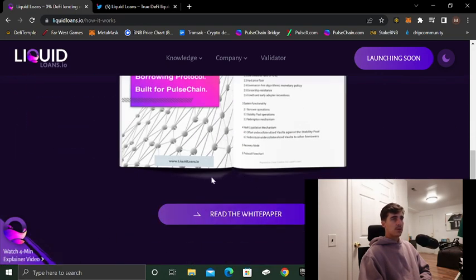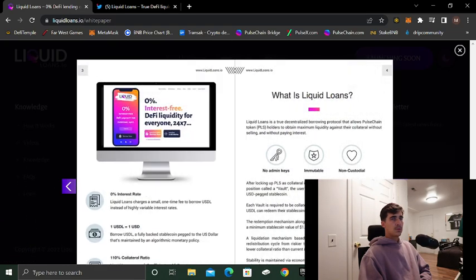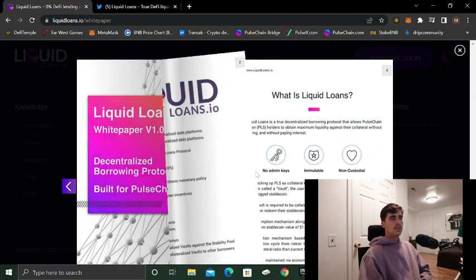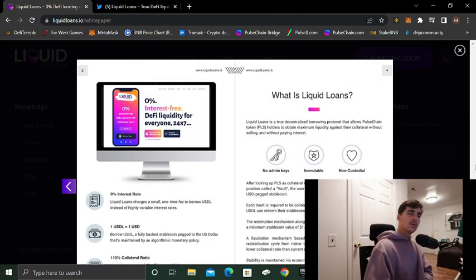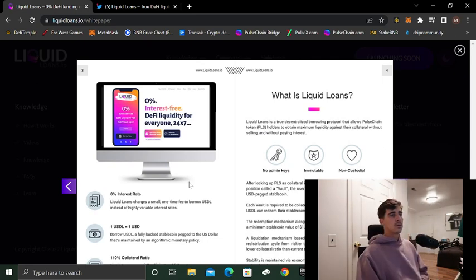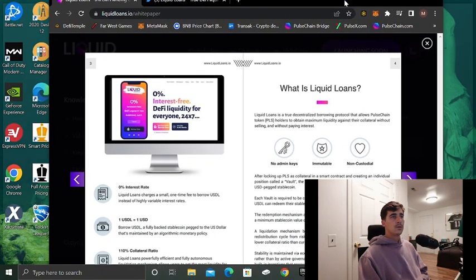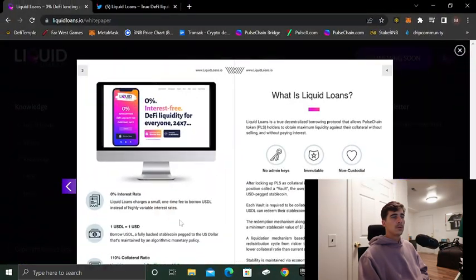So we can read the white paper. Biggest thing: basically 0% interest rate forever on the loan.